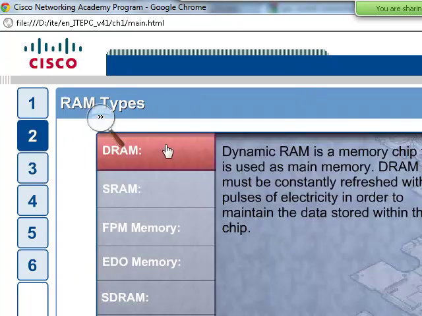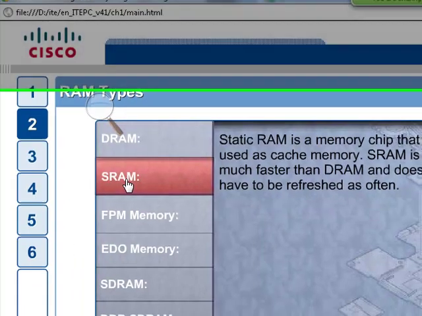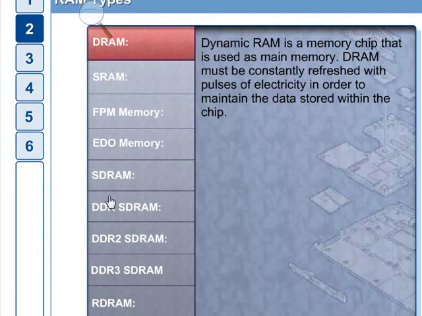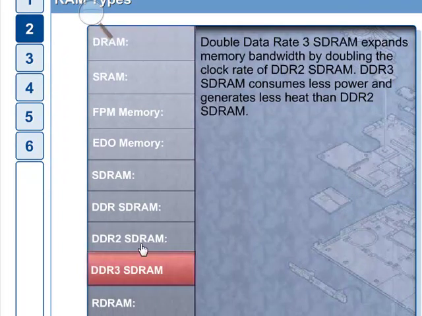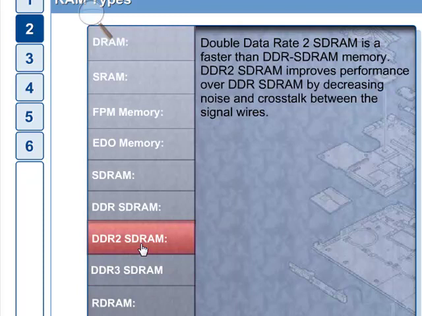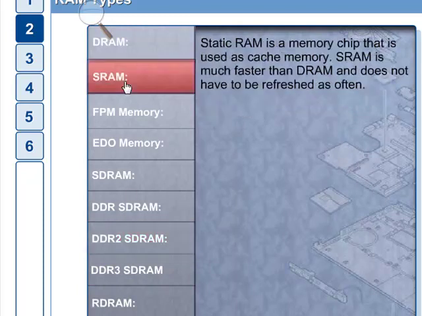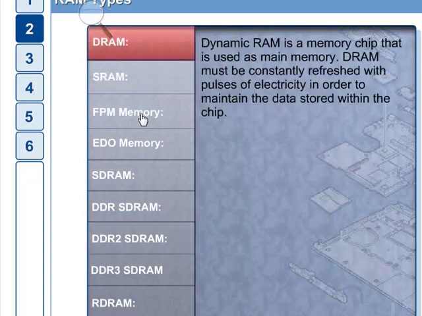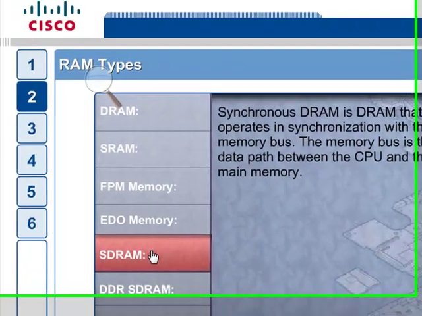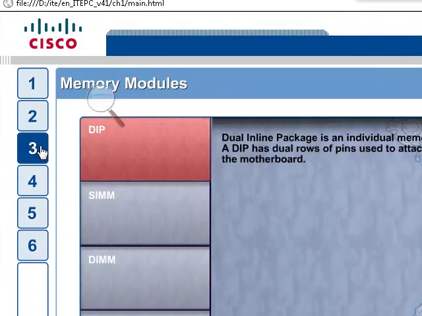Now that was the RAM types, and if you find yourself overwhelmed with all of these, always revise the DDR2 SDRAM, SRAM, DRAM, and SDRAM. They are commonly used.